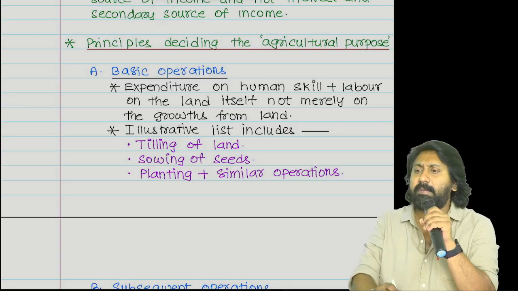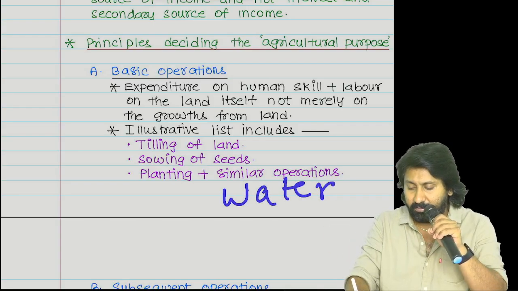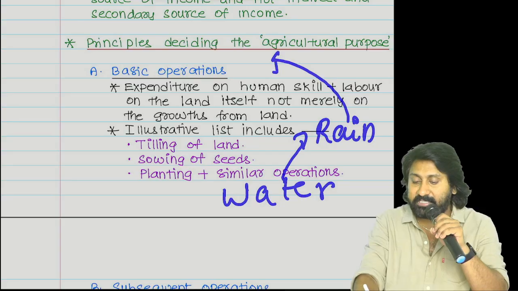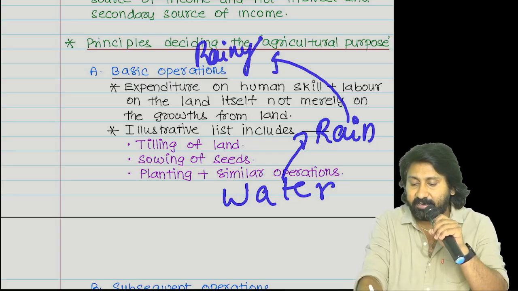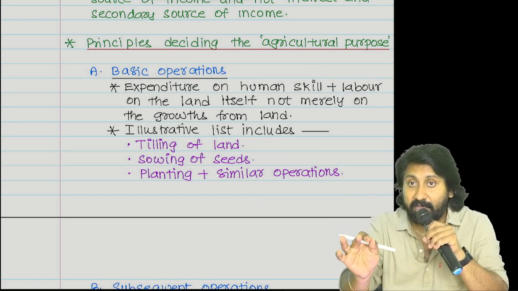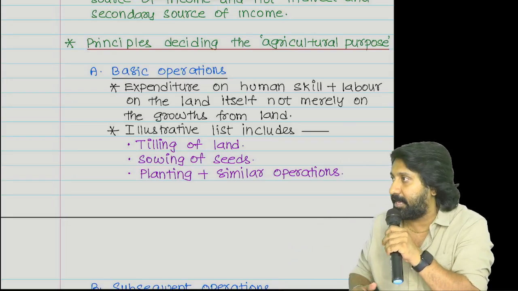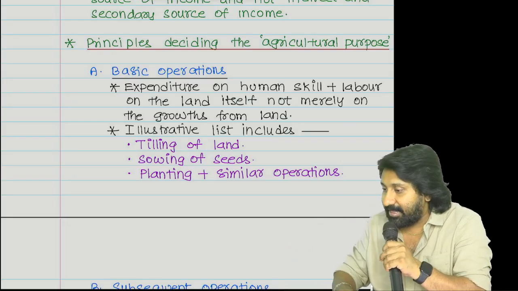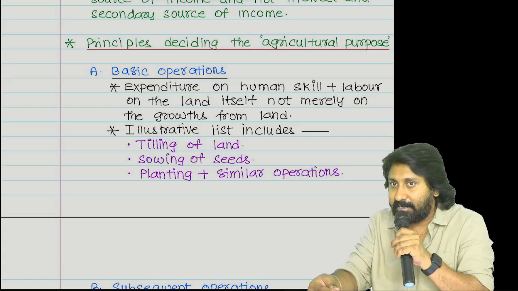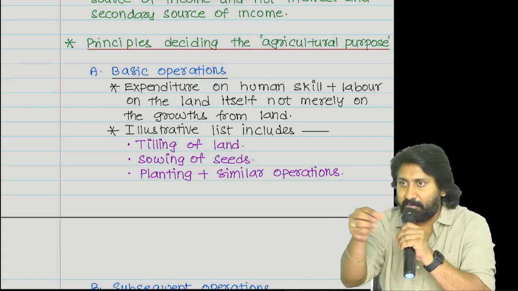Automatically agricultural land requires natural water, which comes from rains. In which season will rain constantly fall? So rainy season is the most important season for farmers because that is the time when natural rainfall will be there. At that time they will start sowing the seeds and plowing the land. Weeding means insects will be there, and they will remove all those.